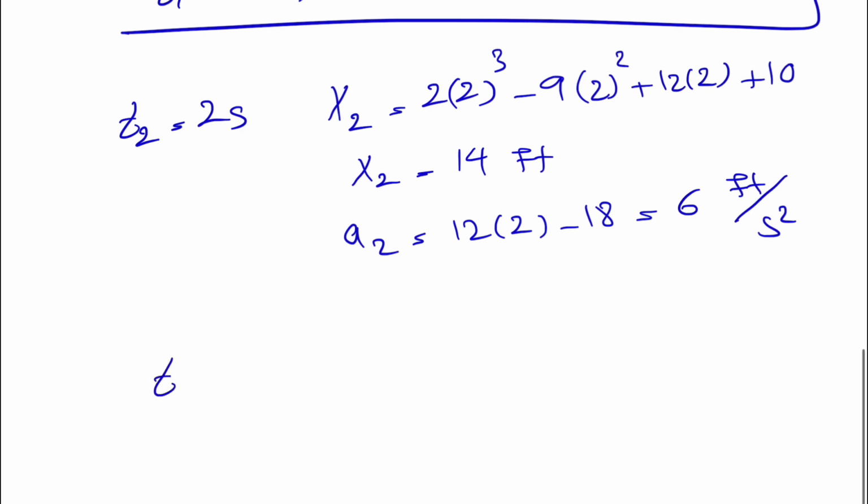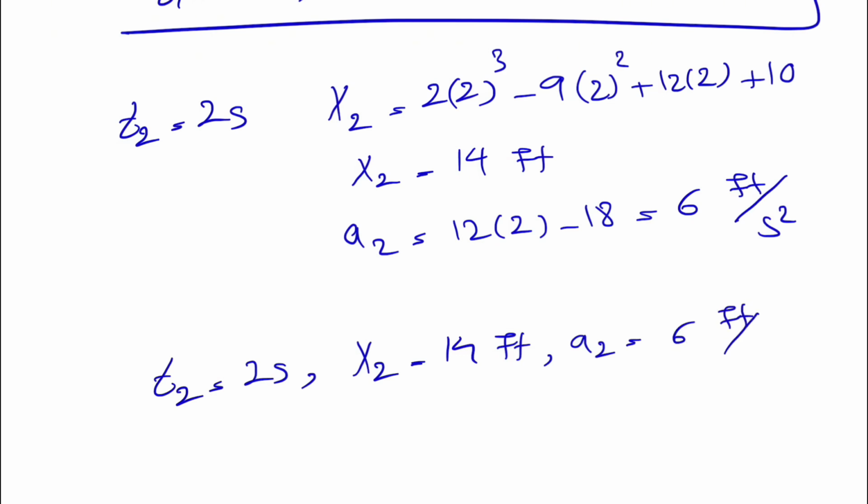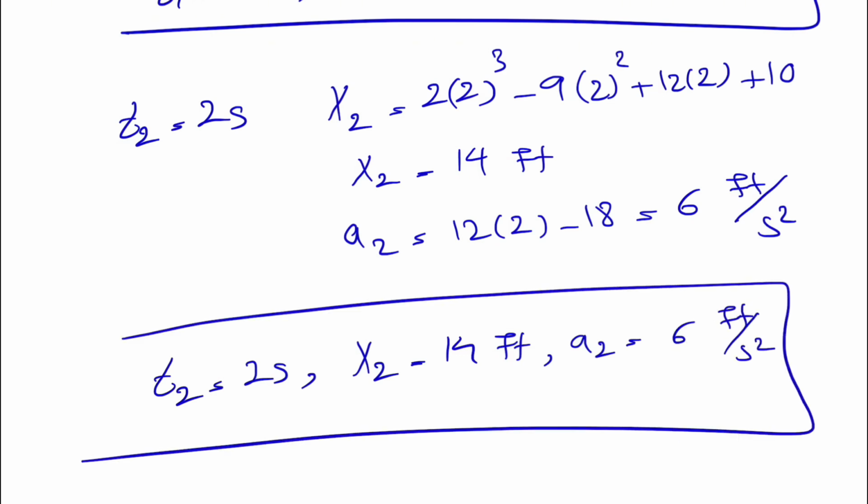So if we want to write down the final answer for this, we have 2 seconds for the time, position will be 14 feet, and the acceleration would be 6 feet per square second. So yeah, that would be the final answer for this question.